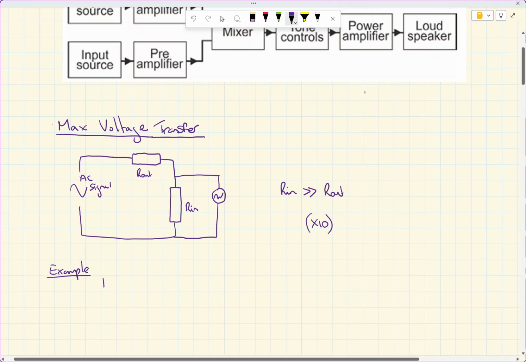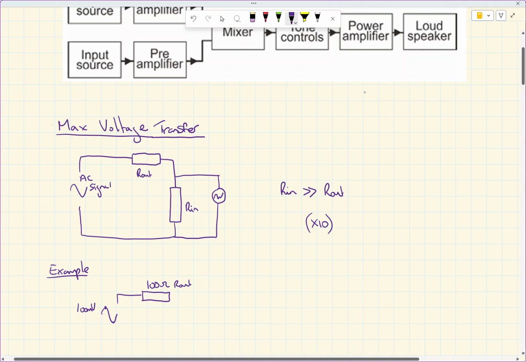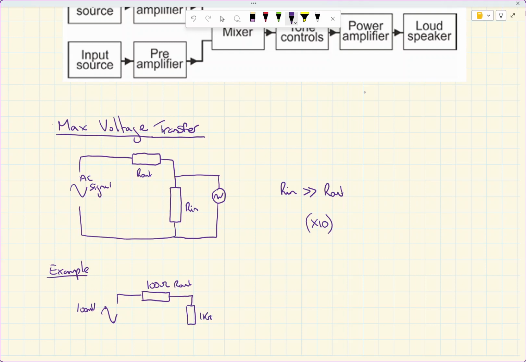Because it might be a while since you've done any of these, we might have a 100 millivolt peak signal. That's then being fed through a 100 ohm resistor, which is our output resistance, so that could be the output resistance of the microphone, and then our preamplifier, we might have a 1 kilo ohm resistance.